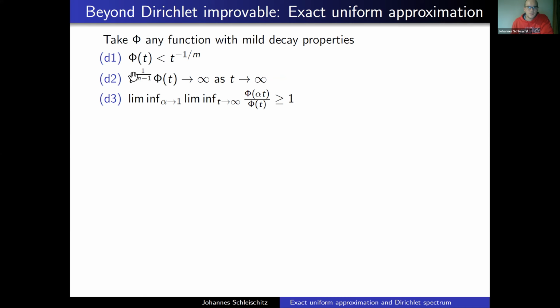So basically at least like 1 over m minus 1 in the exponent. So you make the decay a bit, but still there's some space in between 1 over m and 1 over m minus 1, if it somehow is in this range. And the third condition basically says that it shouldn't decay too fast in short intervals.